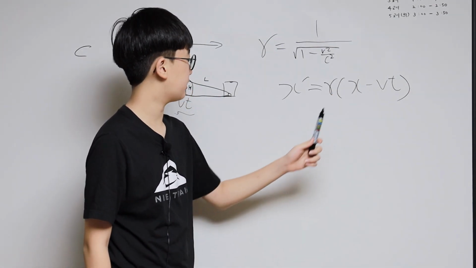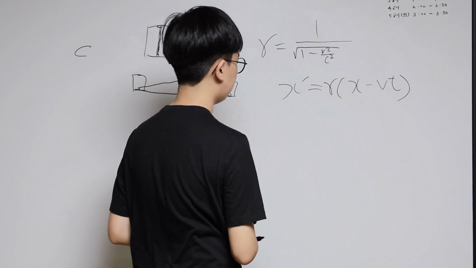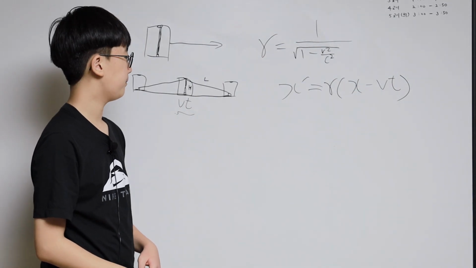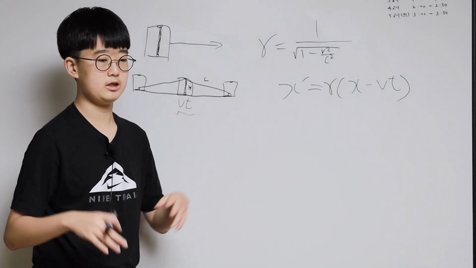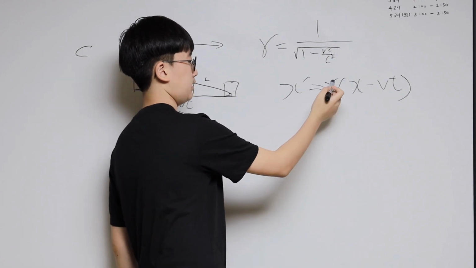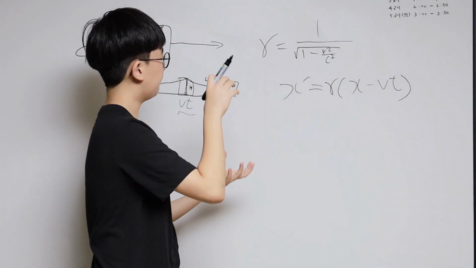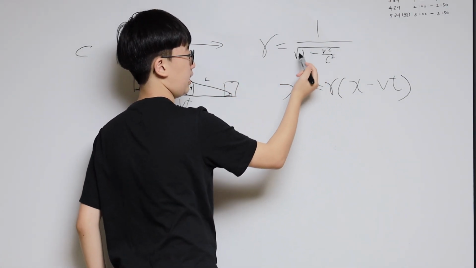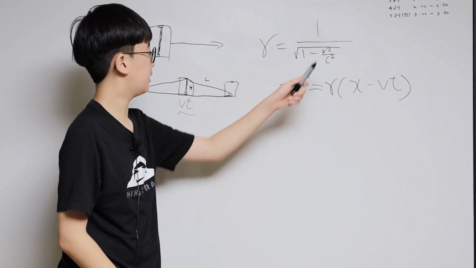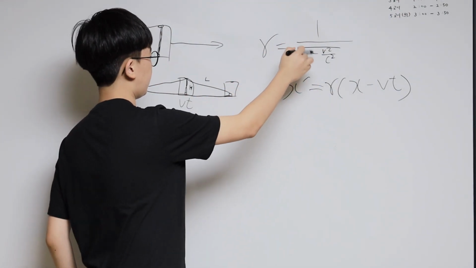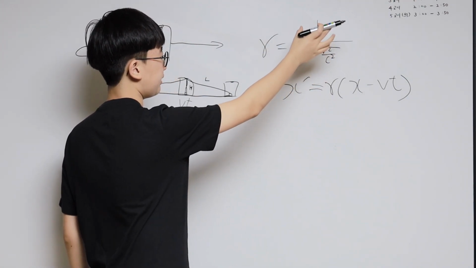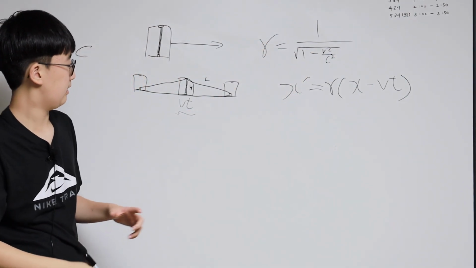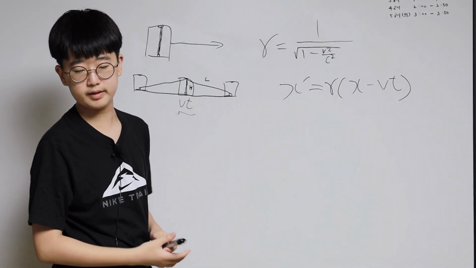Velocity is v and t is time, so these two multiply. This v is for the moving perspective's space. And so basically with this gamma, if the velocity increases, the downside part of gamma is getting smaller, which makes the total bigger.